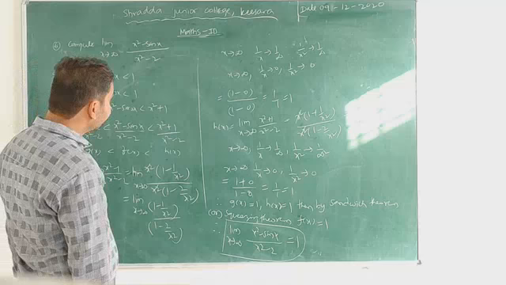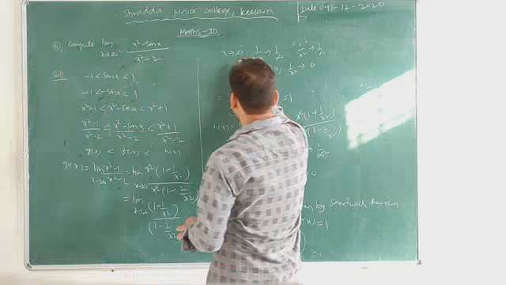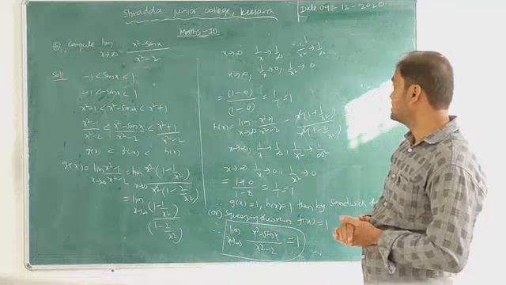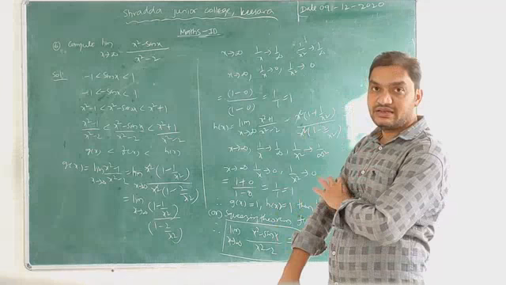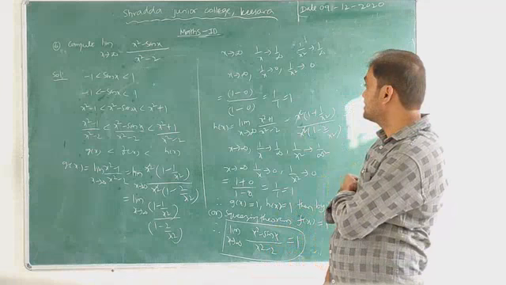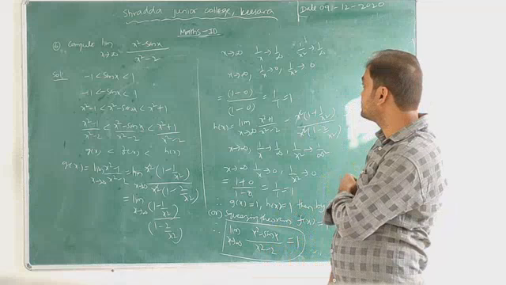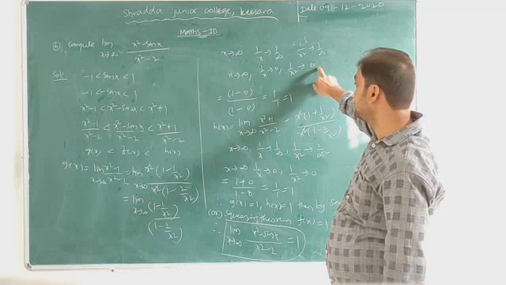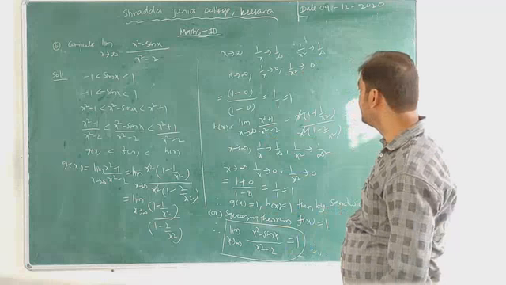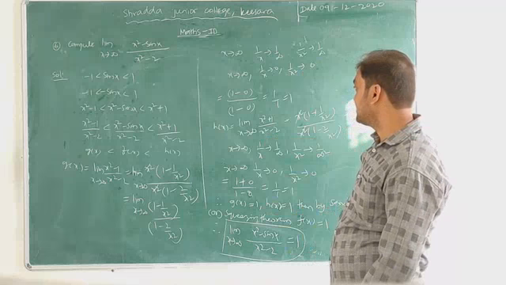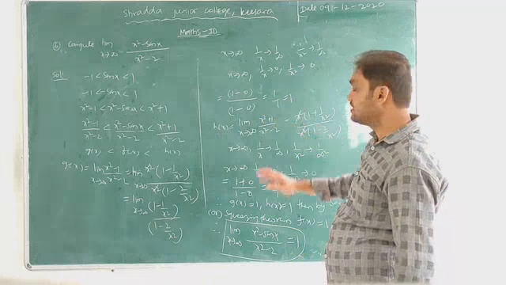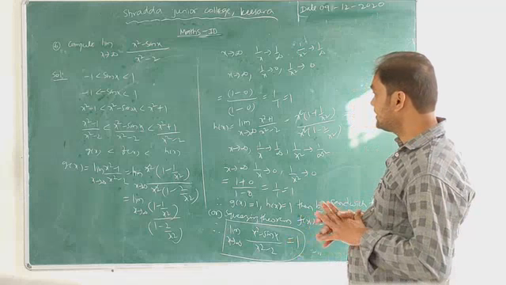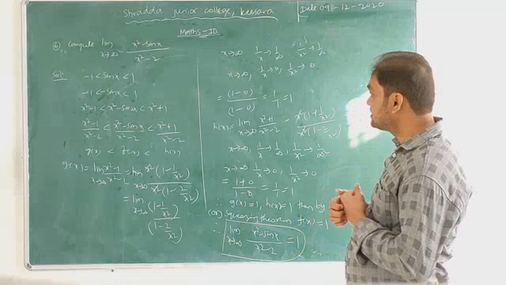Here x tends to infinity means 1 by x tends to 1 by infinity. Next, 1 by x square tends to 1 by infinity. Now 1 by x tends to 1 by infinity is nothing but 0, and 1 by x square tends to 1 by infinity is also 0. So then 1 minus 0 by 1 minus 0, 1 by 1 equals 1 we are getting.